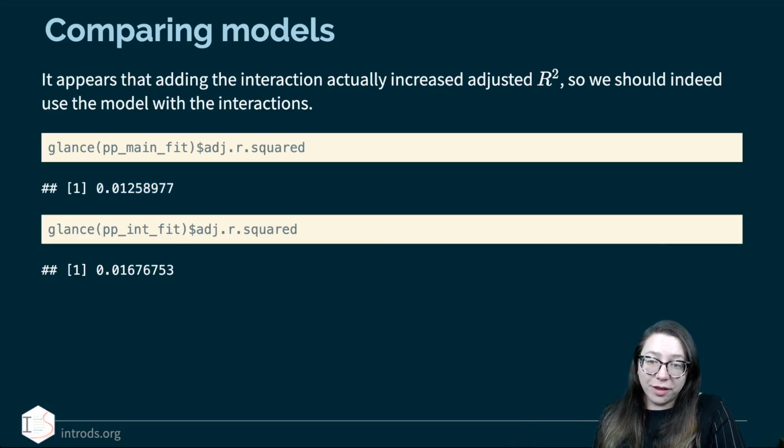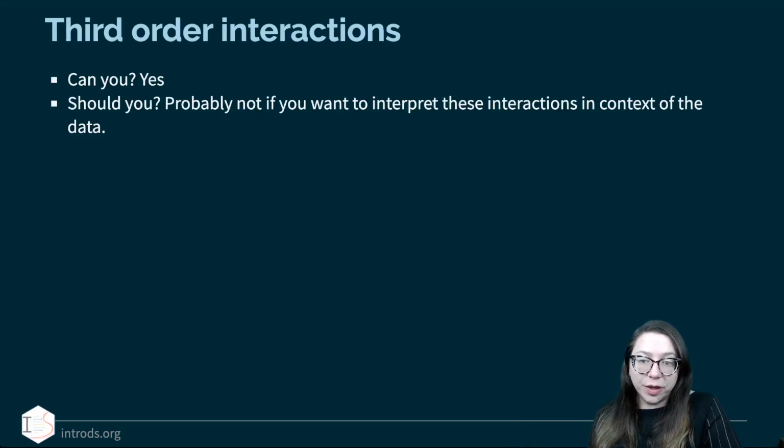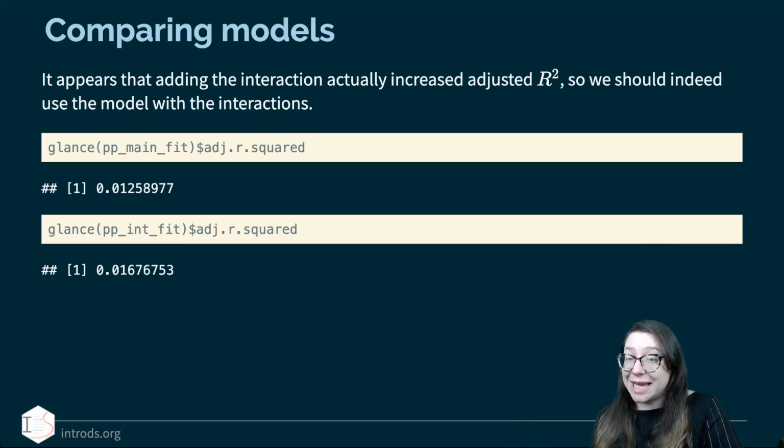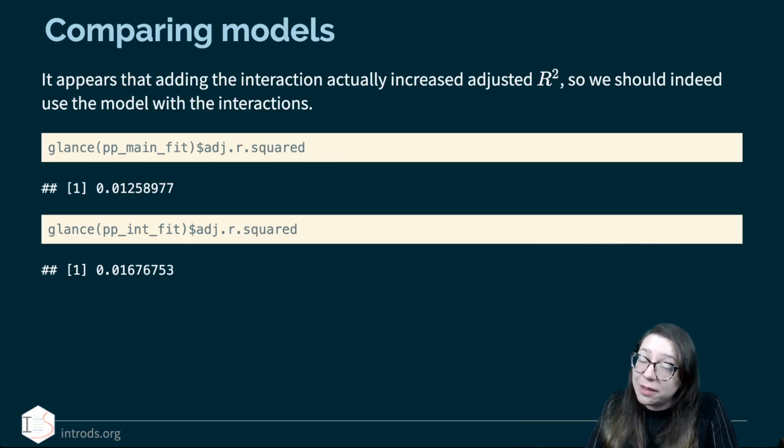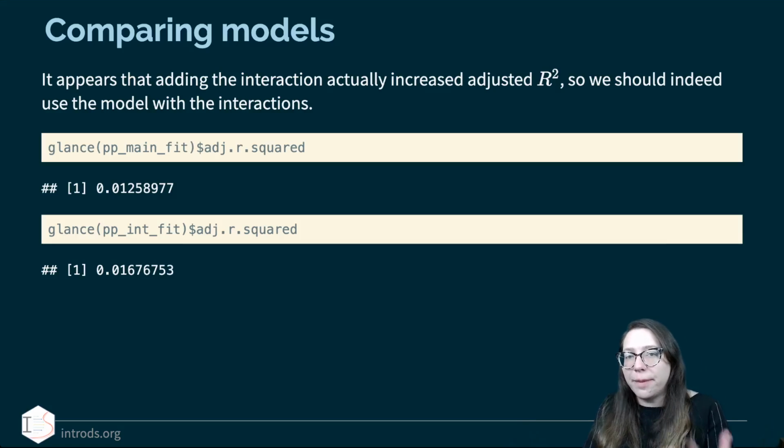And for the interaction effects model, the adjusted R-squared is roughly 1.7%. So it seems like in this case, the interaction effects are actually helping us increase our adjusted R-squared, which might mean that we want to consider the interaction effect as well. It's not just overcomplicating the model. It is actually doing a better job in explaining the variability in the prices of the paintings.